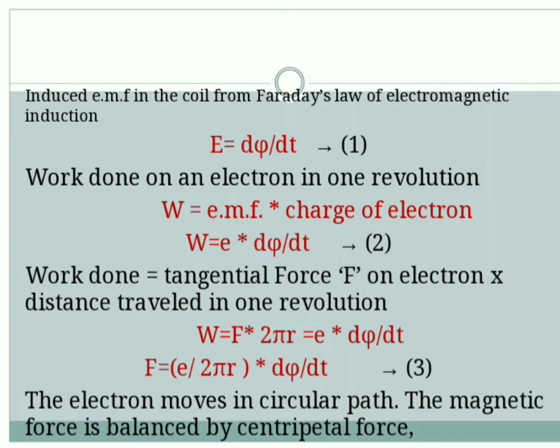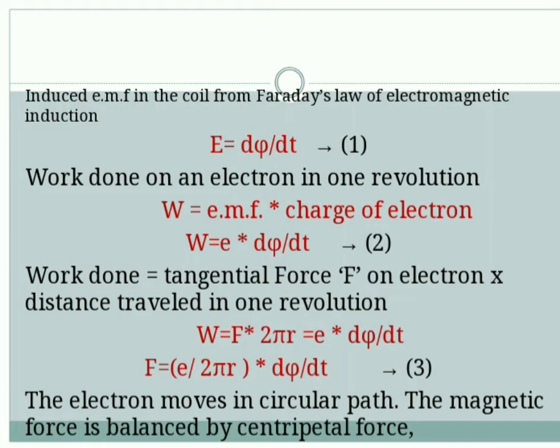Work done on an electron in one revolution can be written as W = EMF × charge of electron, so e × dΦ/dt. Next, work done is equal to tangential force on the electron times the distance travelled in one revolution. So W = F × 2πr, which is equal to e × dΦ/dt. From that, F can be written as e/(2πr) × dΦ/dt.